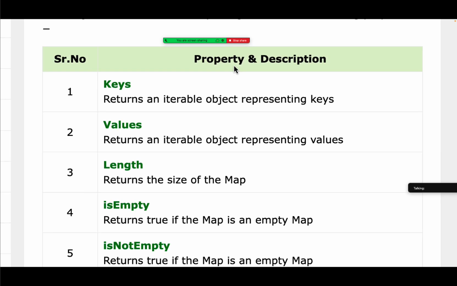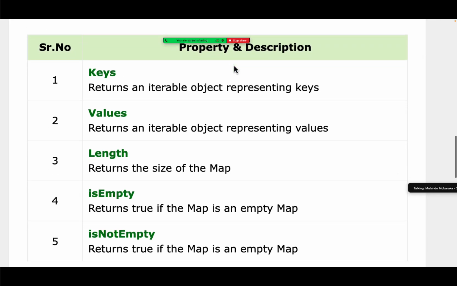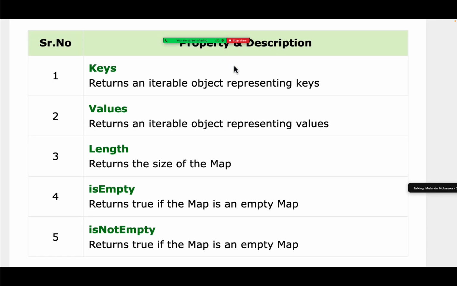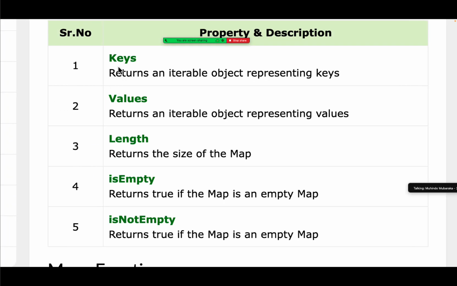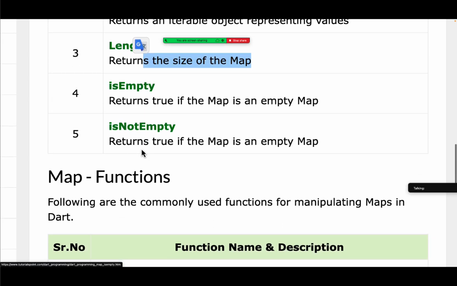So let's look at the most important things in a map. So you have what you call properties of a map. So you have a key. We have understood what's meant by a key. A key will help us to access a value in a specific position of a map, just like the way we had index or indices in a list. Then you have length. Length tells us how big our map is or how small it is.